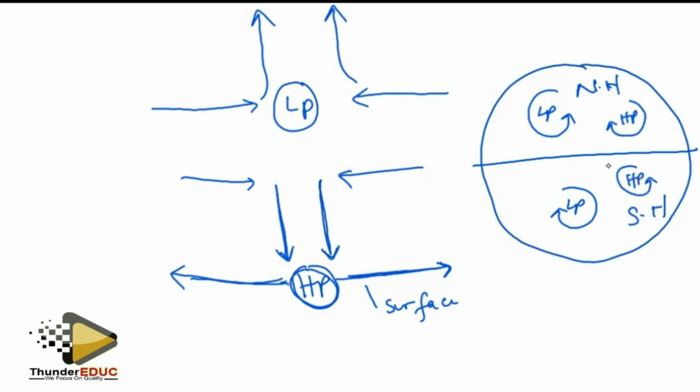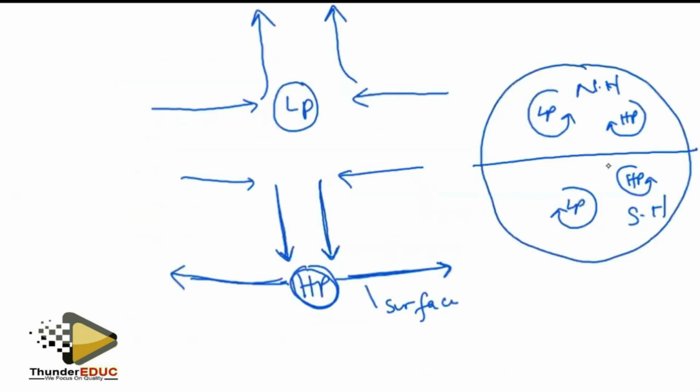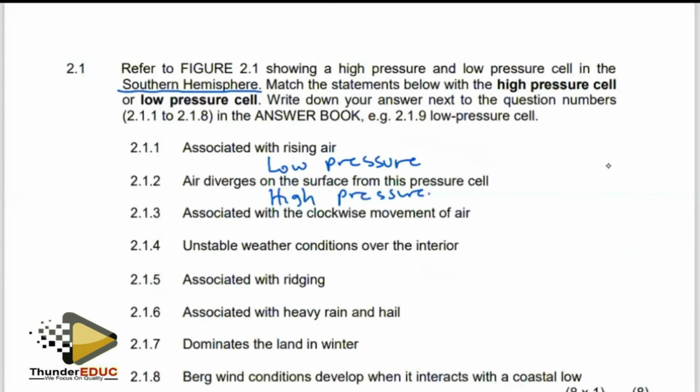So these are high pressure cells. But our question is saying associated with clockwise movement of air in the southern hemisphere. Clockwise movement in the southern hemisphere, which is this one here, is typical of a low pressure cell.